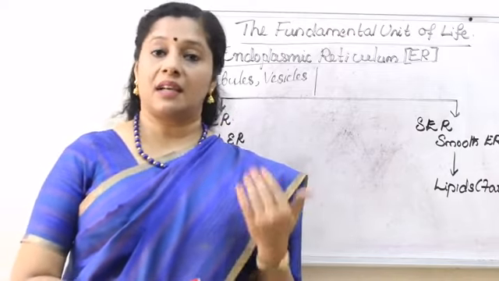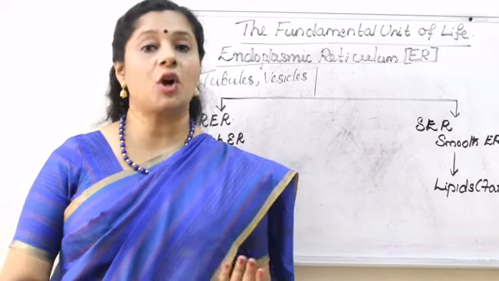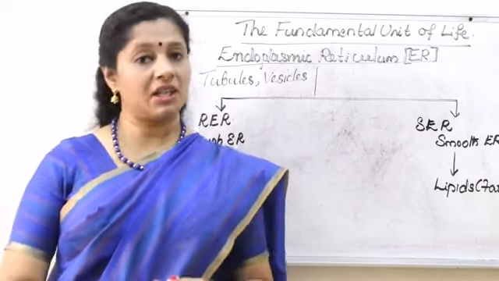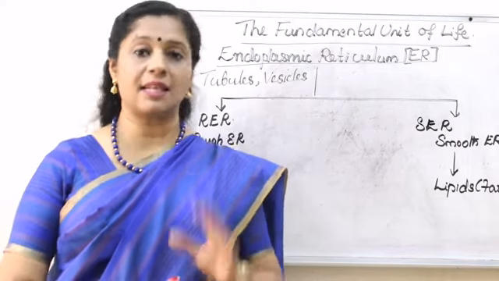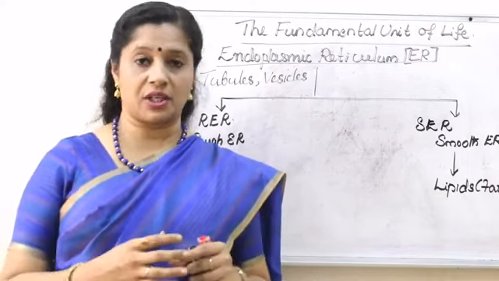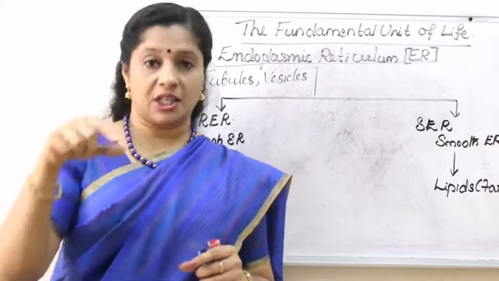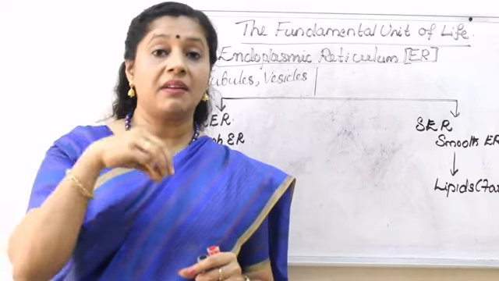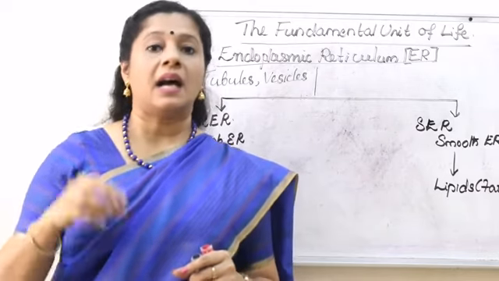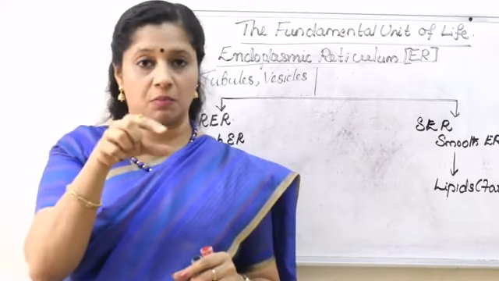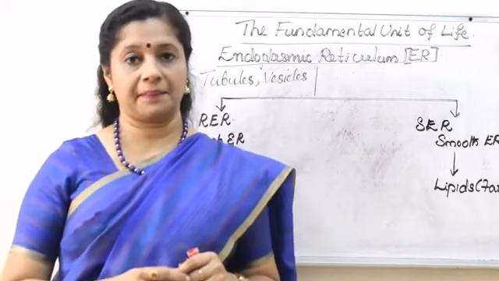We know in the higher cells, that means complex cells, means what? The eukaryotic cells. They have a lot of biochemical reactions taking place within the cytoplasm. So to increase the efficiency of those reactions, there are compartmentalizations. That means different parts of the cell are doing different functions, and each one is isolated from the rest of the cytoplasm by a membrane.